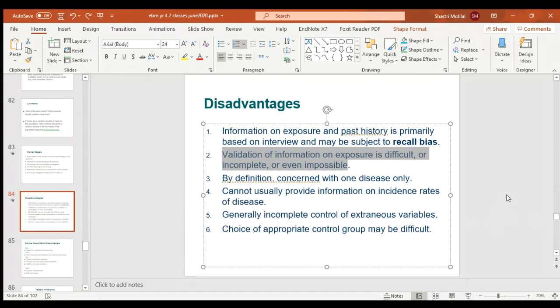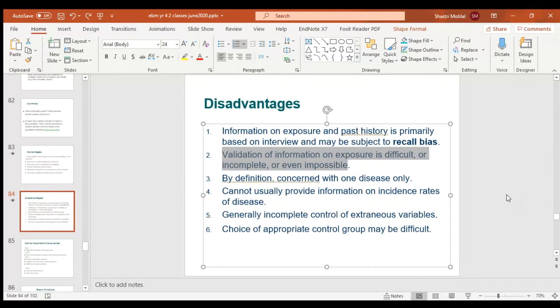So the problem with a case control study is you cannot often measure the risk factor accurately when you try to measure the risk factor retrospectively, because the risk factor was in the past. You have to have really good evidence that the risk factor occurred or not.